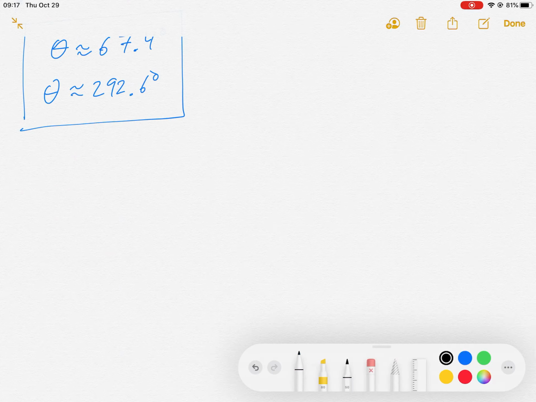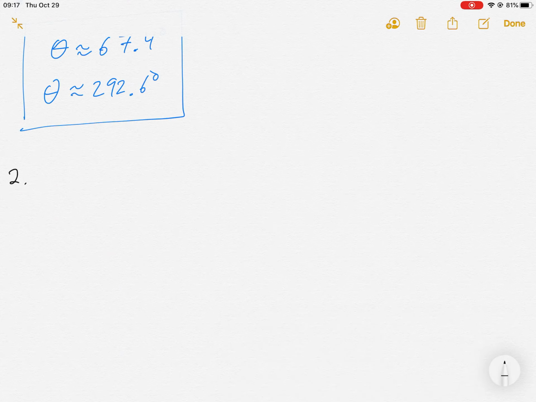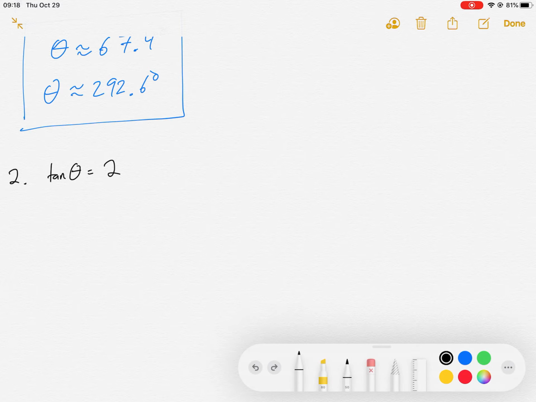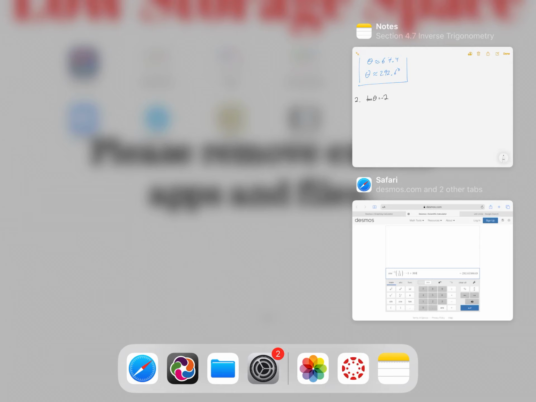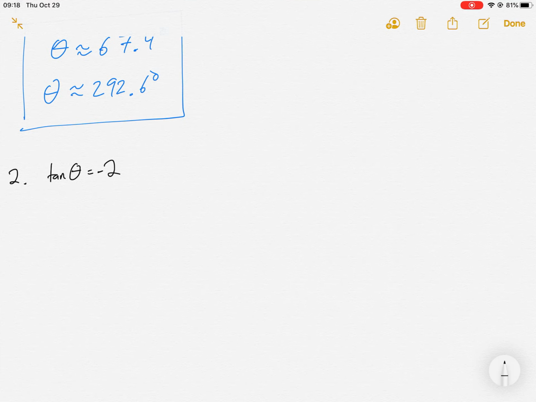Let's do another one. So I said we'll do 2, so let's do tangent of theta equals, oh, let's do 2. Let's do -2. No, I'll do 2. No, I'll do -2. Okay, so the answer would end up being theta equals tangent inverse of -2.